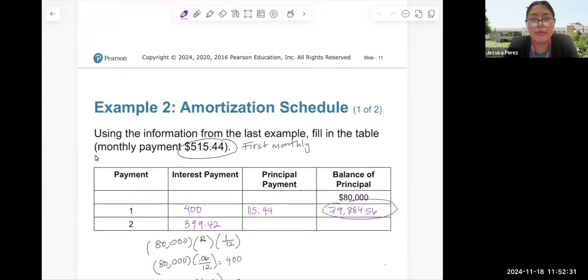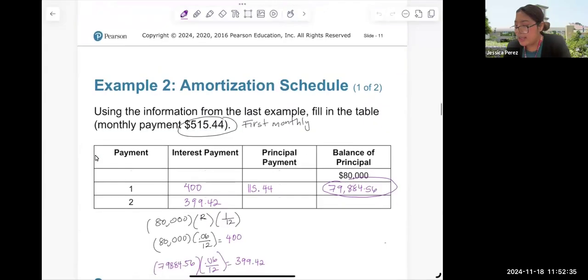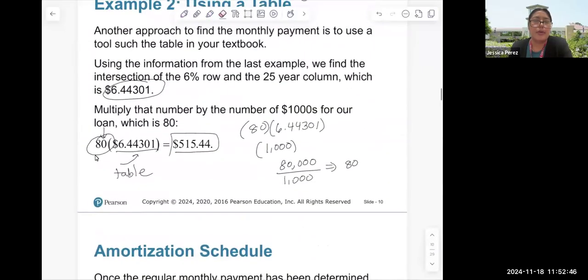So let's look at this example. We're going to use the information from the last example to fill in the table. So we started with $80,000 and we found that the monthly payment was 515.44, and that's what we got over here.